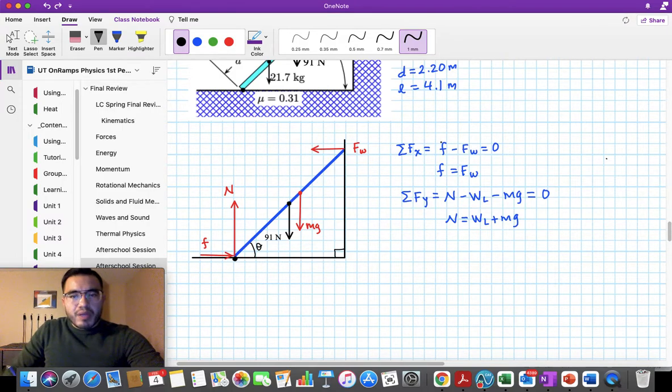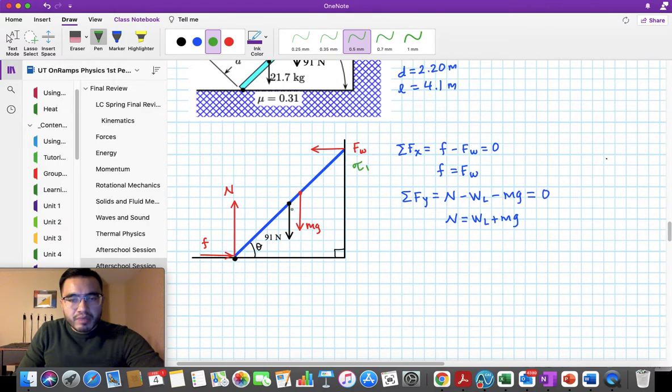And so I'm just going to state what the torques are. So we're going to have one torque. Let's use green for torque. One torque here. We're going to call this torque 1. And then, so this is the pivot point, right?